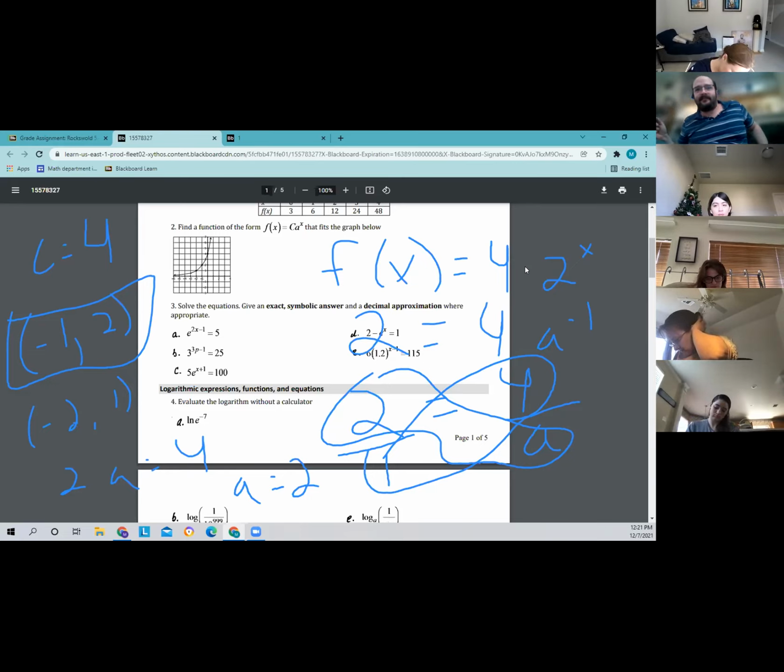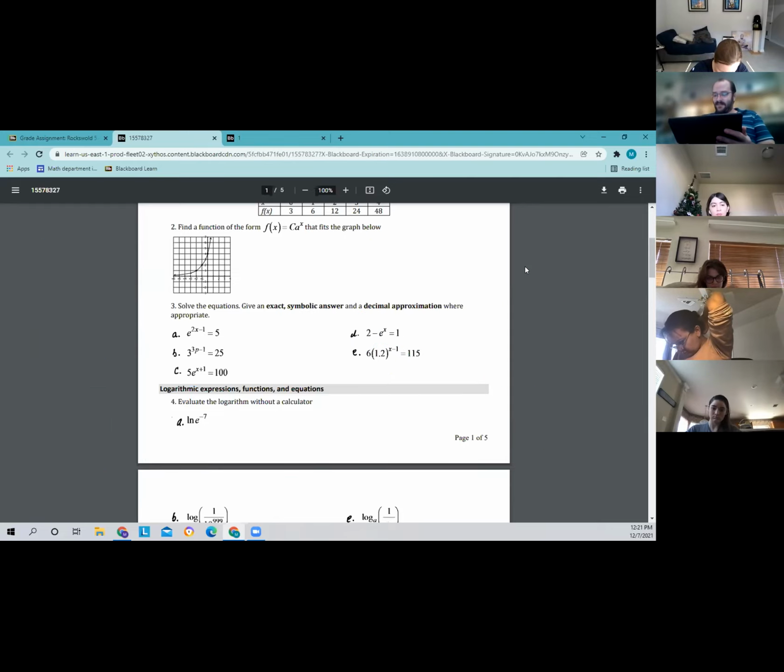You got to make a chart for these things. It's the same information. They're just presenting it differently, right? You're still getting points. The graph just gives you more points in between that you really don't need.